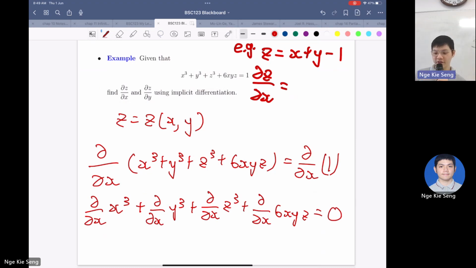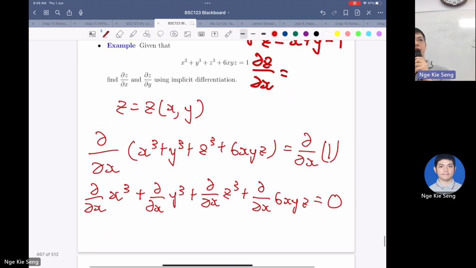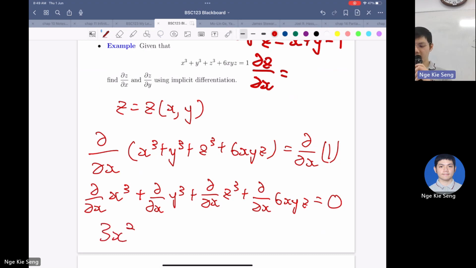So you partial differentiate x cubed with respect to x, what do you get? 3x squared. Then y cubed, you treat y as a constant, so you get 0.